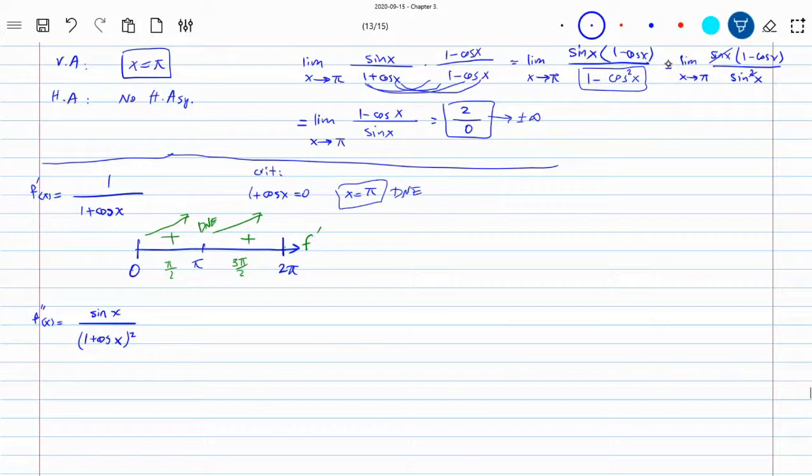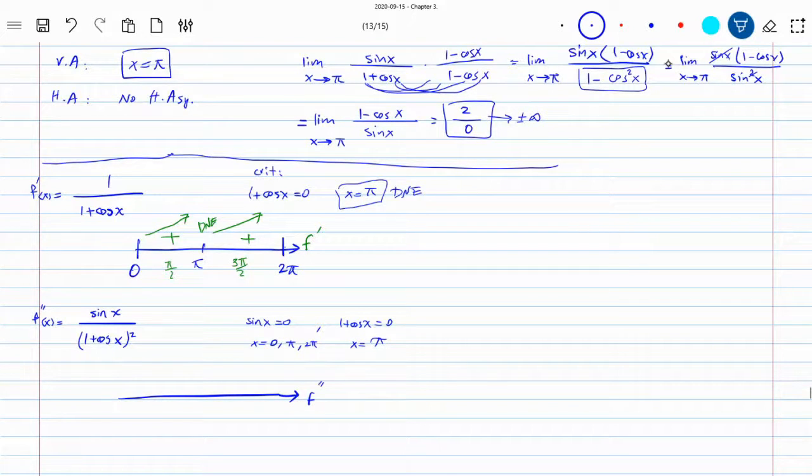Again, to find the critical number of the second derivative, set the numerator equal to 0, as well as set the denominator equal to 0. The solutions are x equals 0, pi, 2 pi, and so on. And here the solution is x equals pi. Again, pi does not exist, but you have to show it on the number line.